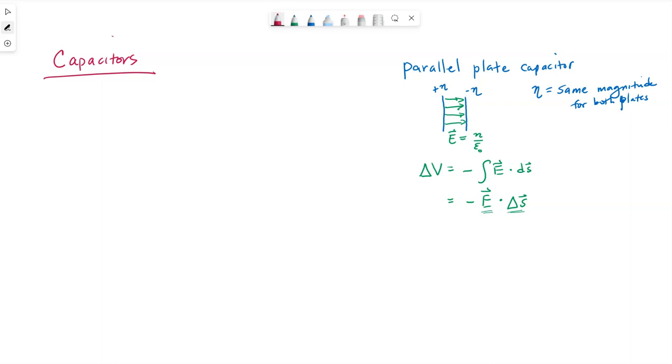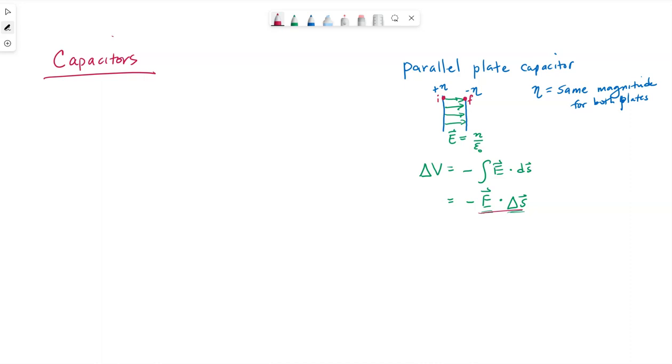So for our capacitor, if we want to talk about a potential difference across the plates, then we have two choices. We can either say our initial position is the left plate and the final position would be the right plate. We could also make the initial position the right plate and the final one the left plate. That's our two choices. The dot product means we only care about these components that are parallel.